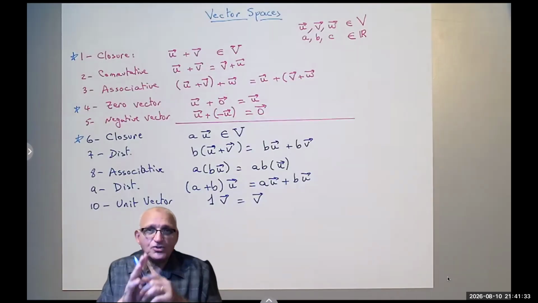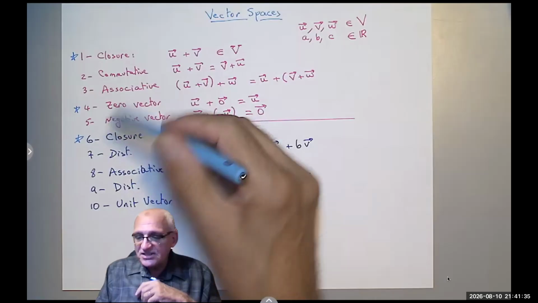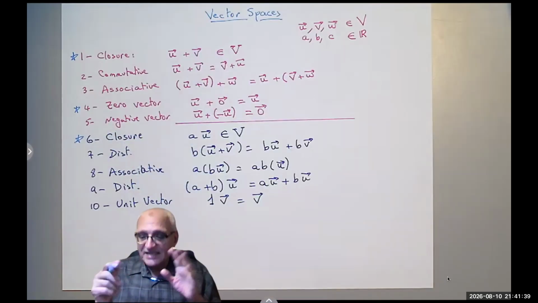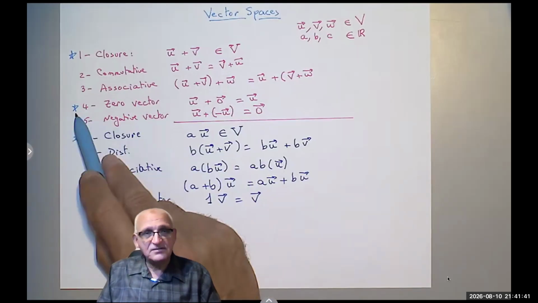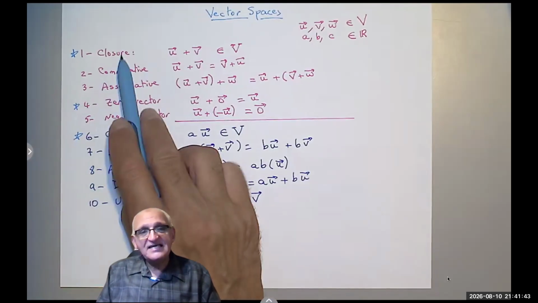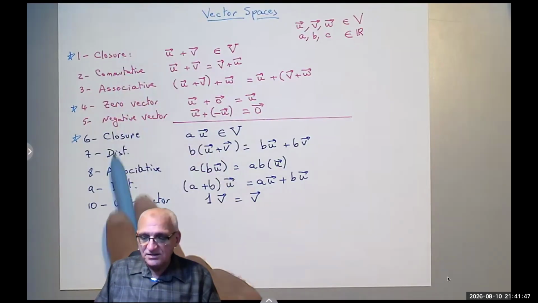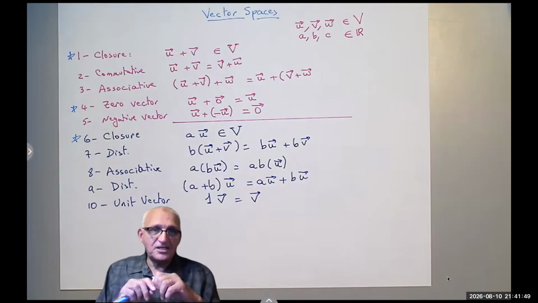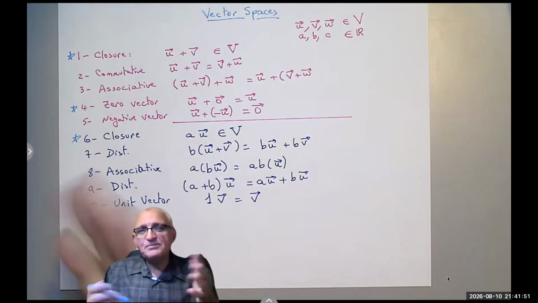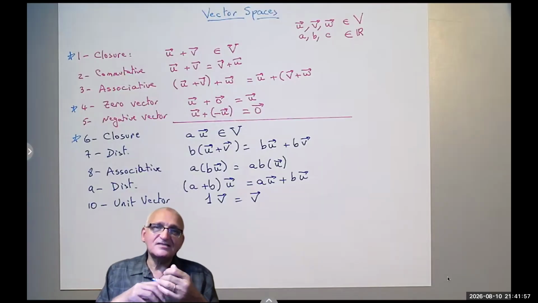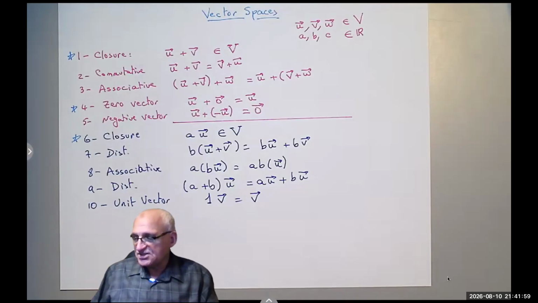So with a small portion, I don't need to check all 10. I just want to make sure it's not empty, so it has the zero vector, and then it stays under closure, under addition, and under scalar multiplication. I will make this just a very short session to give you an introduction, and then we'll talk more about these things in subsequent sessions.